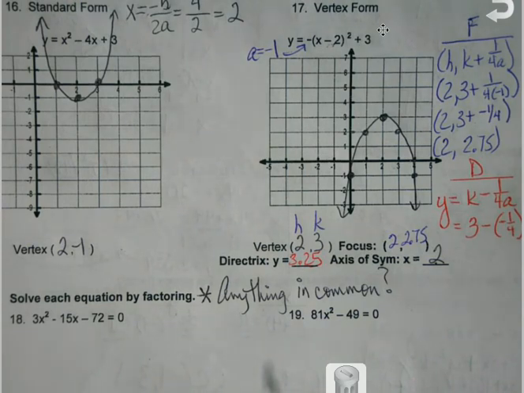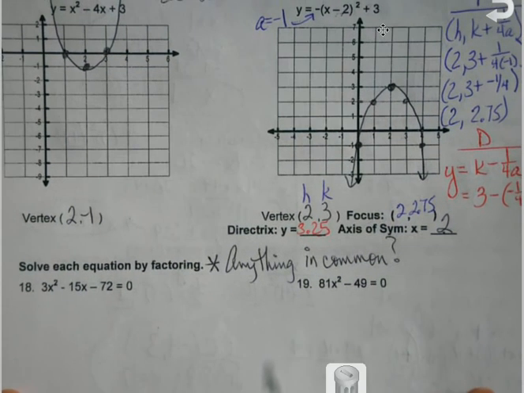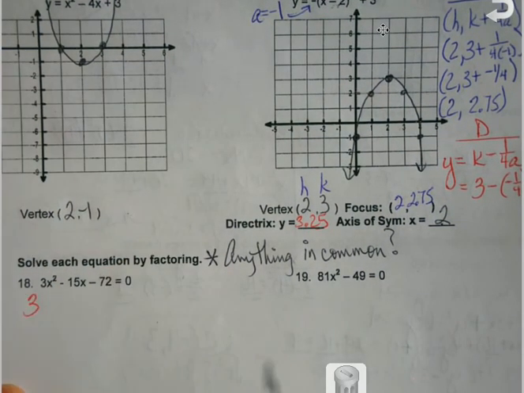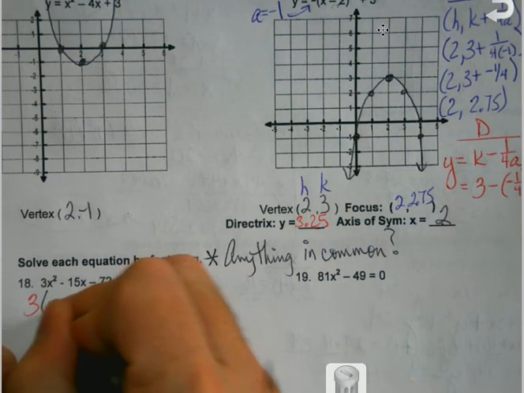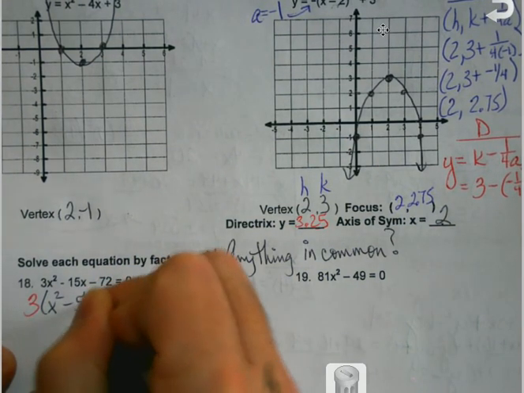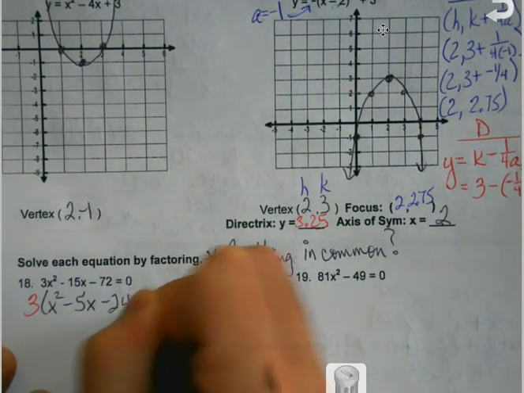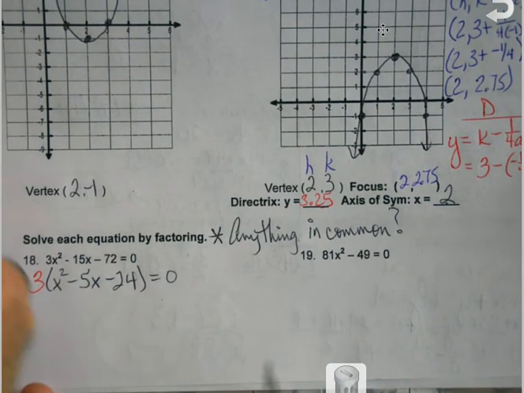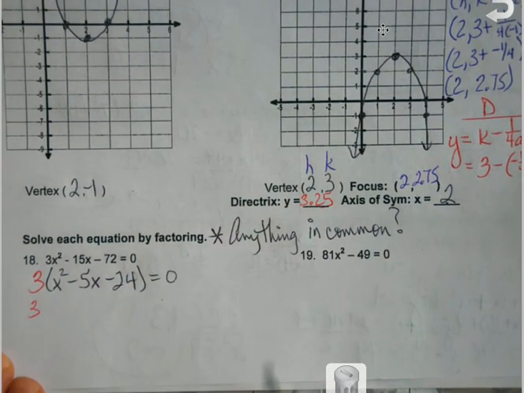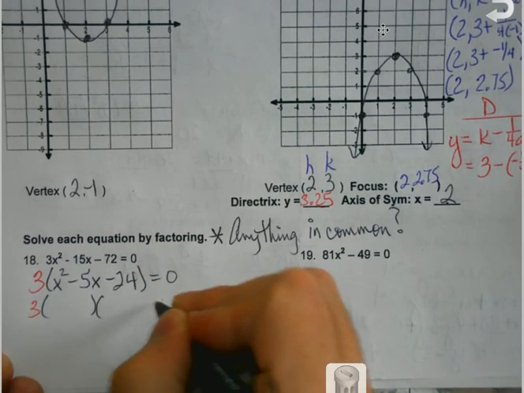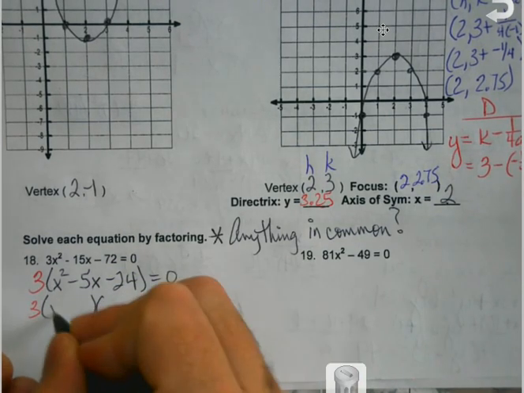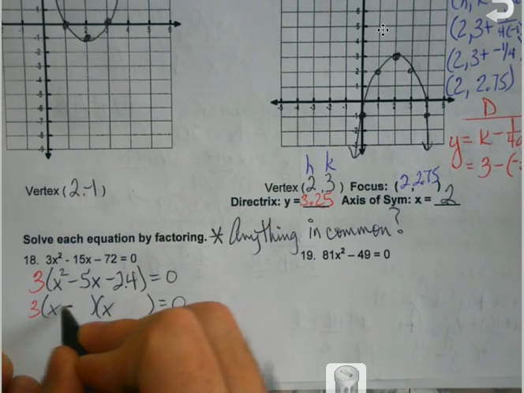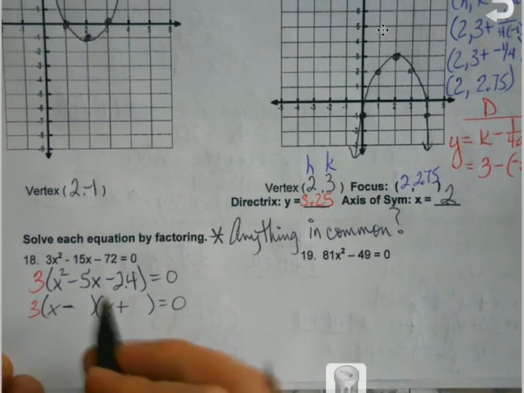What do 3, 15, and 72 have in them that's divisible in? 3. What's better than 3 making things smaller? It's going to be a diamond problem now. I don't have to slide and divide. This just got made a whole lot easier. Because now all I got to do is figure out what multiplies to -24, which tells me there's one of each sign, and adds to -5.